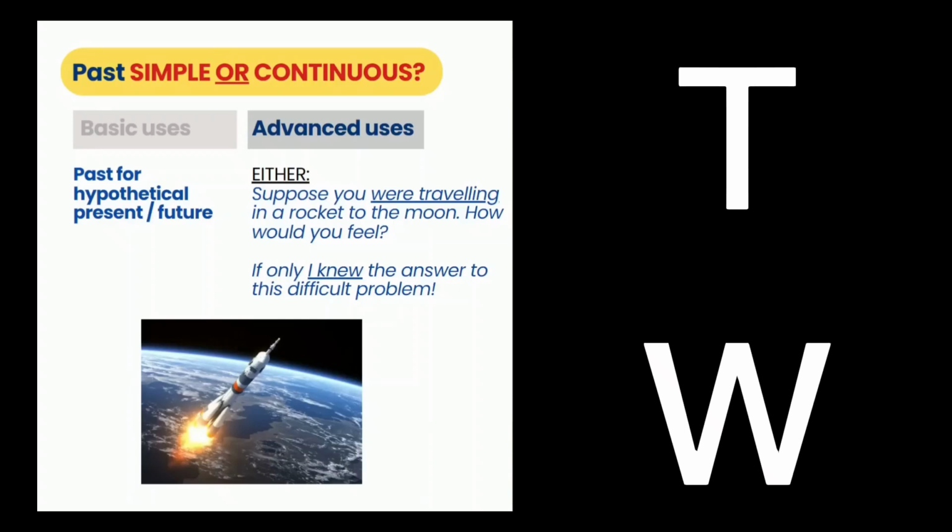Could you travel in this rocket? It's very unlikely. So we would be hypothetical and use past tenses. Suppose you were travelling in a rocket to the moon. How would you feel? Here, past continuous because it's an activity we're imagining. Or if only I knew the answer to this difficult problem. We're imagining it, but we use the past simple.